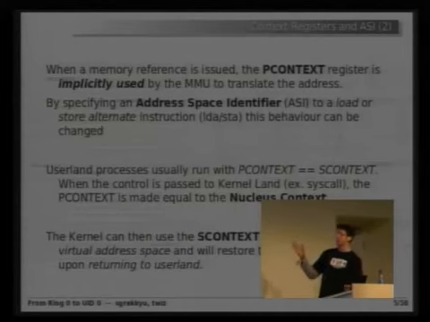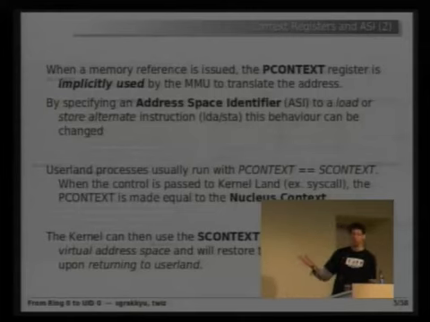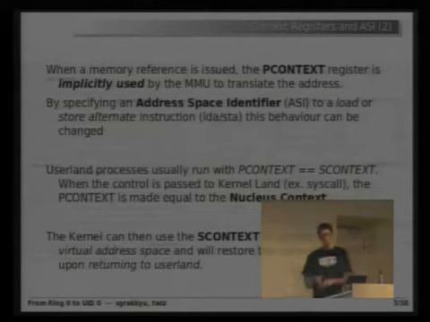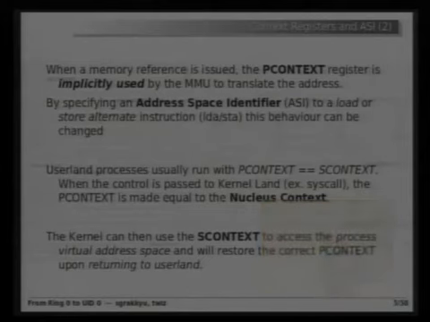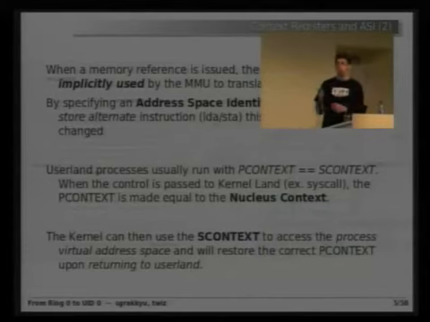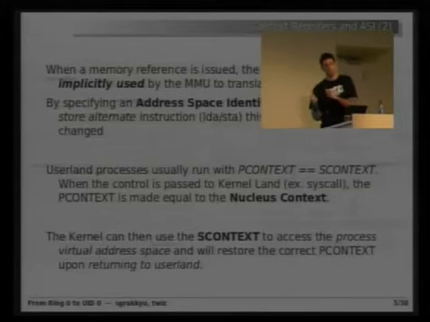If you specify a particular instruction, which is an alternate instruction, load or store alternate, and you specify with it another space identifier, then you will be able to use the secondary context register to reference memory. When you are in user land, you usually have a primary context and secondary context which are equal. When you are in kernel land, the nucleus context is the primary context register, and the process which trapped into kernel land, its context register will be the secondary context register.